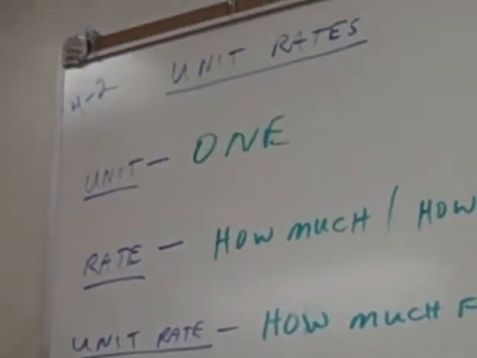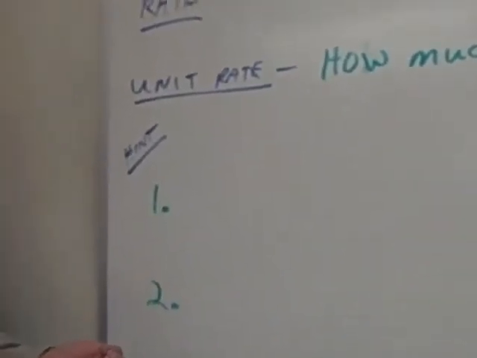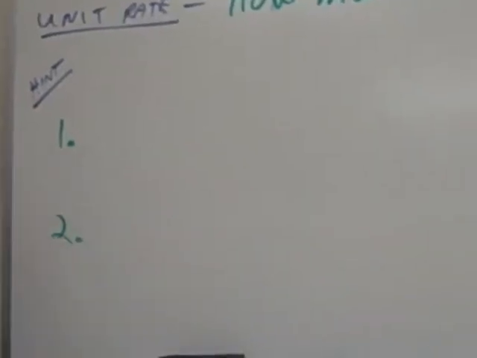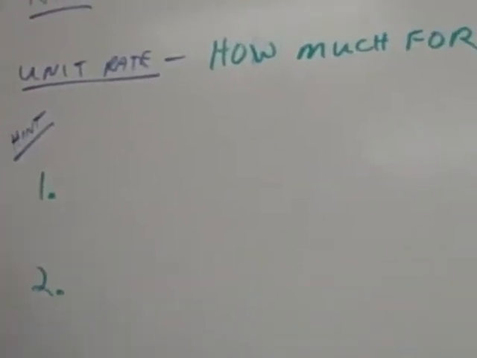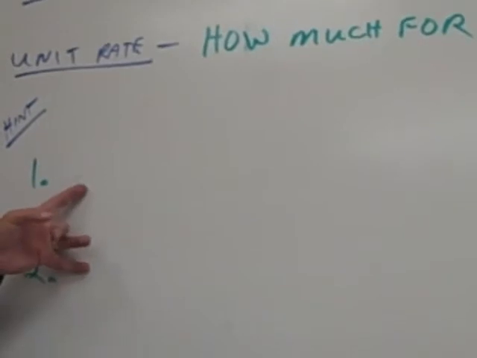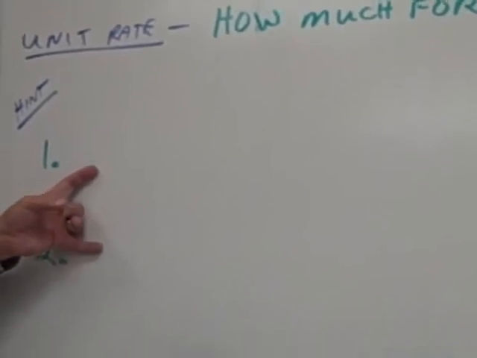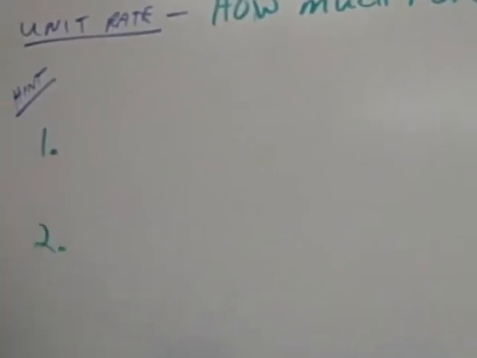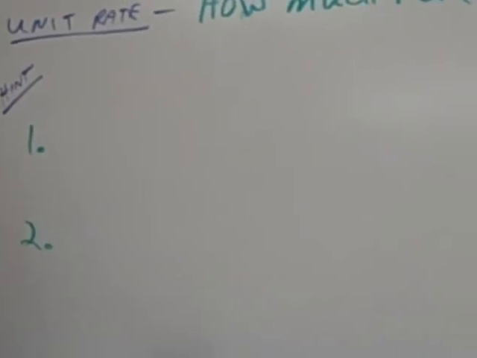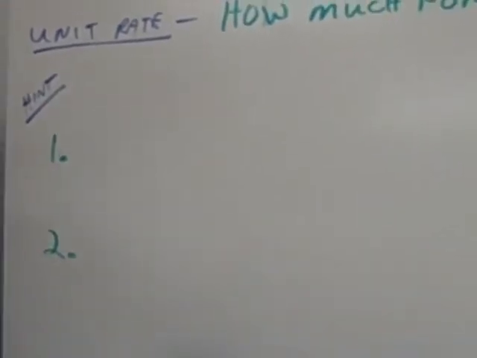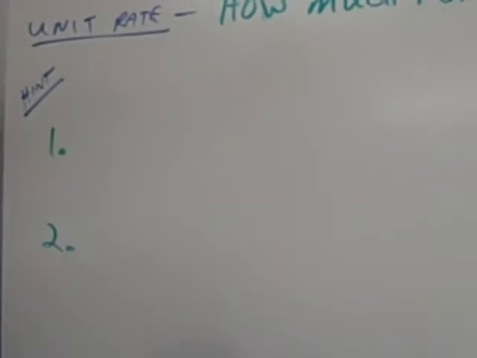But for us right now, just learning unit rate, these hints work all the time. Just remember, they won't work all the time as you get older in your math careers. You've got to know what you're talking about. I want to know how many eggs for one person, no matter what the numbers say.